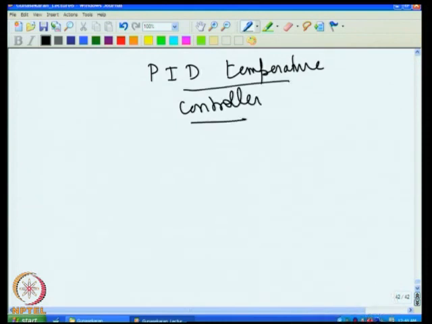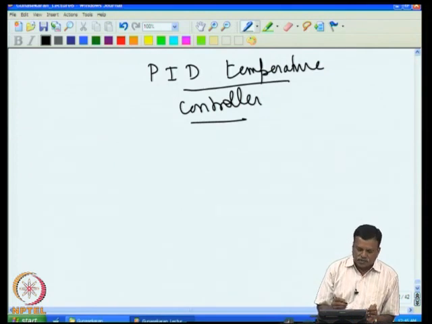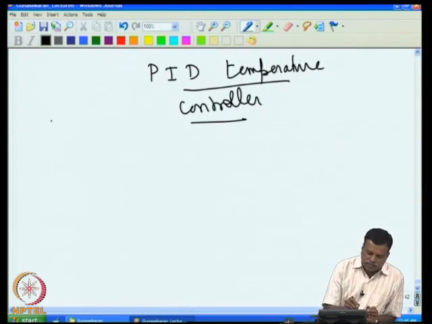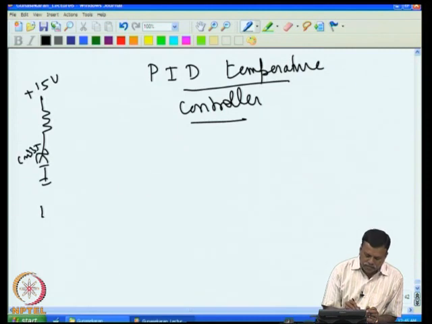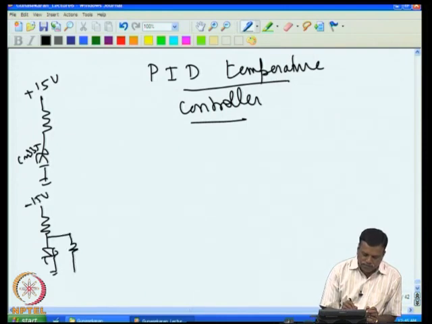Now what can be done is we can use the same logic, just add the differentiator stage, then this becomes a PID temperature controller. Let me read quickly the entire circuit. In the earlier case we had our temperature sensor, which was given to plus 15, then LM335, then we had minus 15 as a reference voltage, that is a set value.